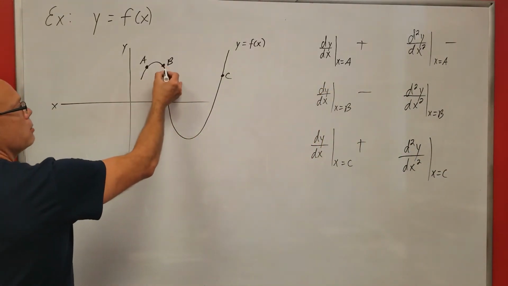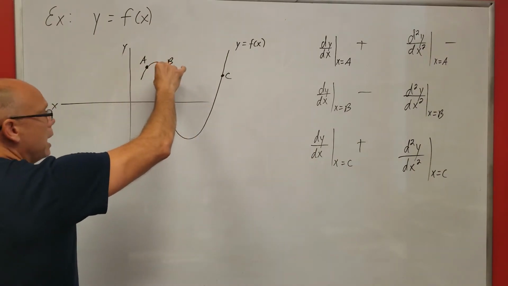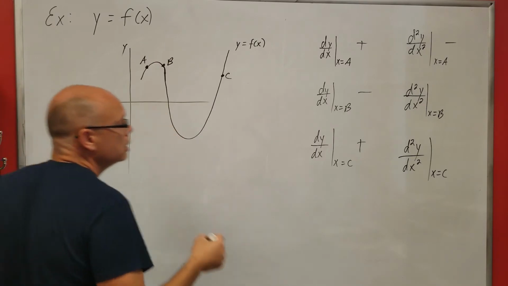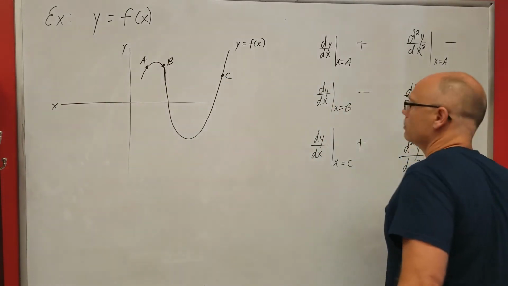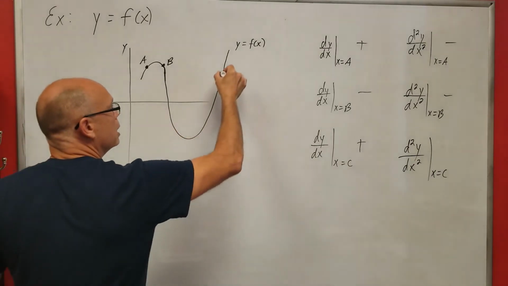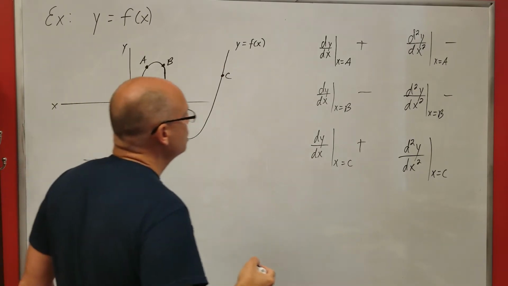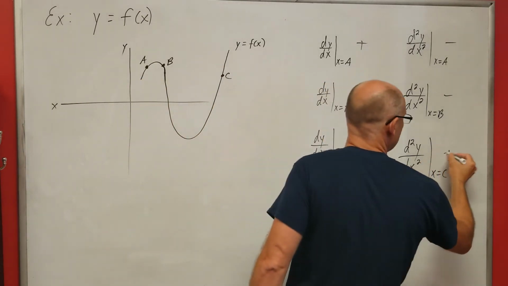How about at x is equal to b? I'm looking at second derivative, so that means my concavity measurement should be negative there. How about at x is equal to c? How's my graph concave? Well, it's concave up there, right? So my second derivative at c should be positive.